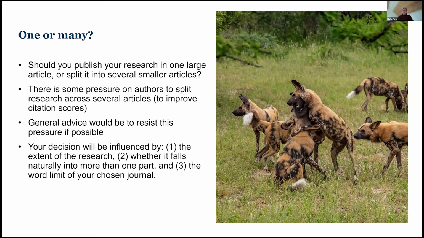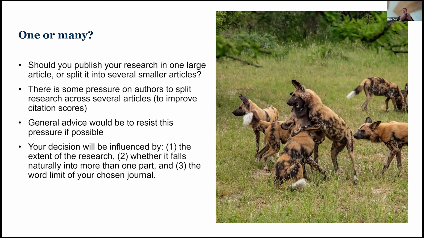Nancy asked me to talk about a common question that she gets asked, and that is, you've finished your project, you've done your analysis, should you publish your work in one giant paper or in 10 little papers or in 2 medium-sized papers? It's really difficult to give specific advice on this, but I would urge you not to artificially split your work into many different parts.